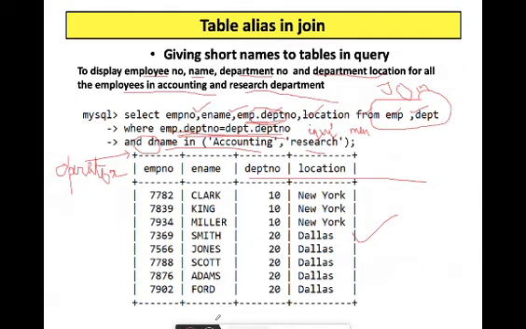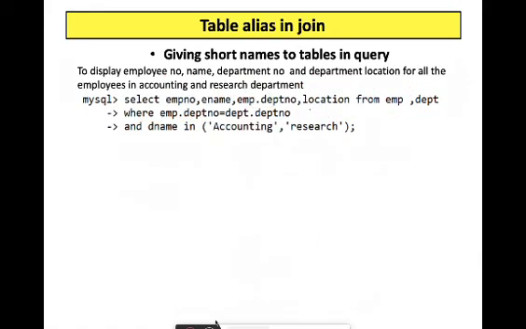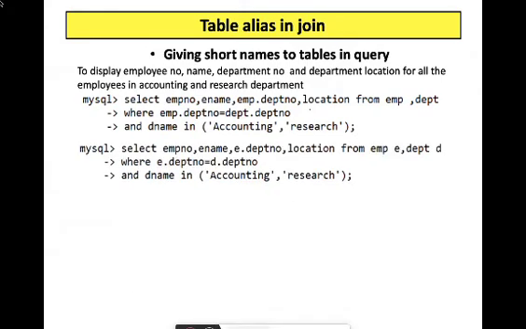Now let us see how this same query will be modified by writing the table alias. Now see what is happening. You have done this query: select emp number, ename, emp.dept number, location from emp comma dept where emp.dept number is equal to dept.dept number. Now let us see how the alias is applied.